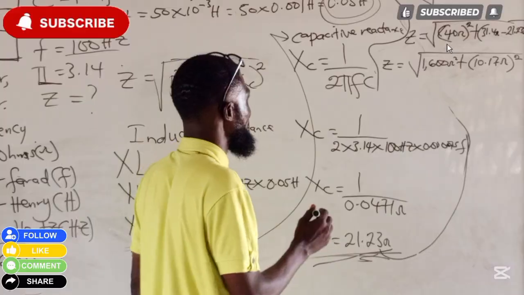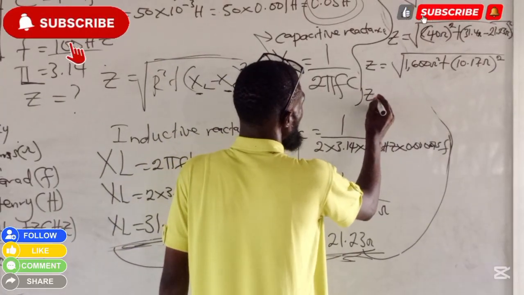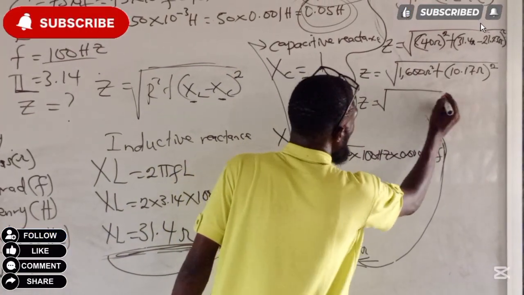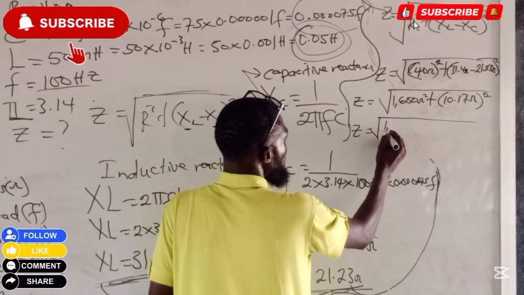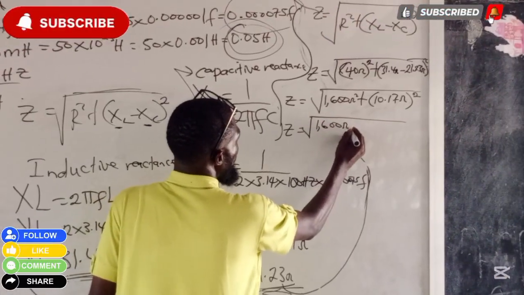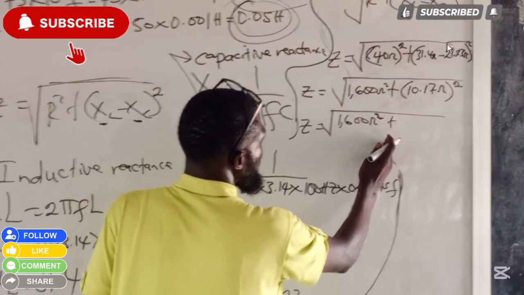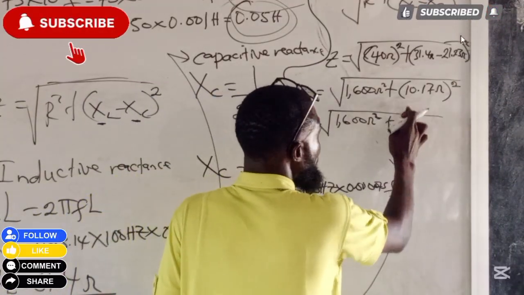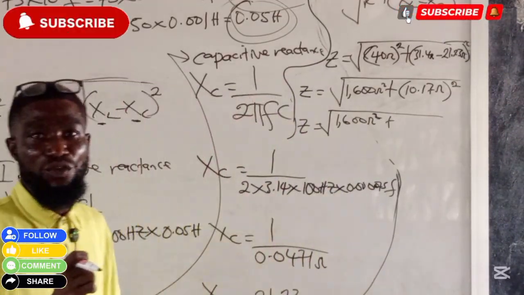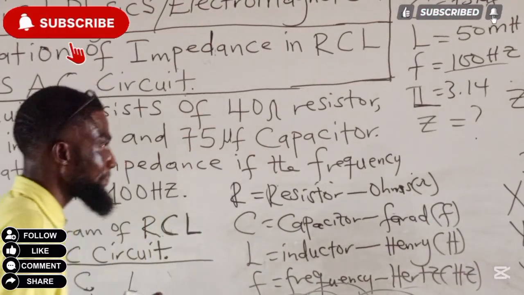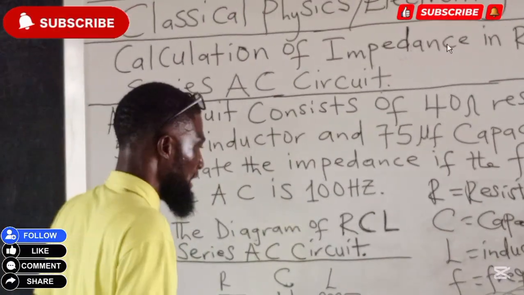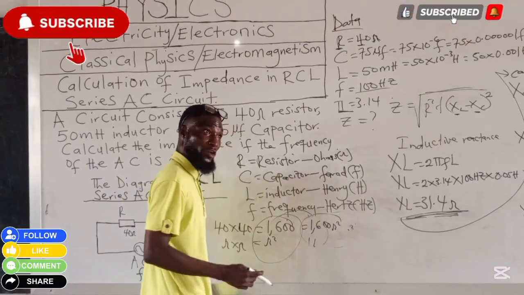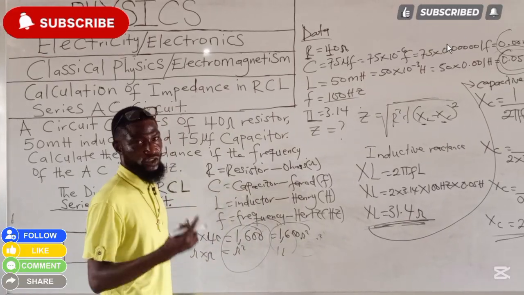On this note, ladies and gentlemen, we say our impedance, which is Z, will just be equal to the square root of 1,600 ohms squared plus. Remember, we have in parenthesis 10.17 ohms, all raised to the power 2, which means we'll be multiplying 10.17 2 times and also multiplying the unit ohms 2 times.